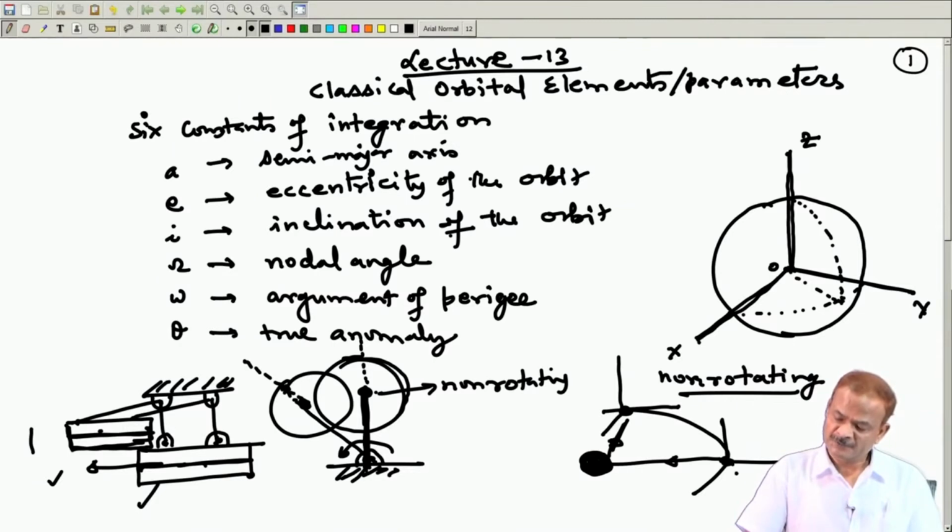So in the true sense this is not an inertial reference frame, but right now we can assume that it is equally valid. Some corrections need to be given to this kind of formulation, and there are many books on how to give the corrections and take the relativistic effect into account.